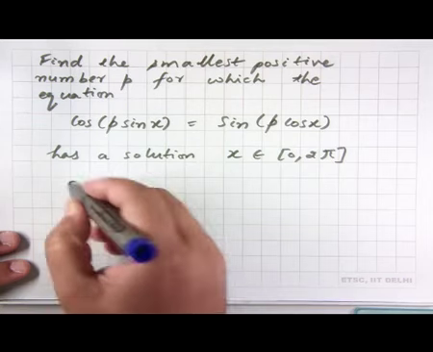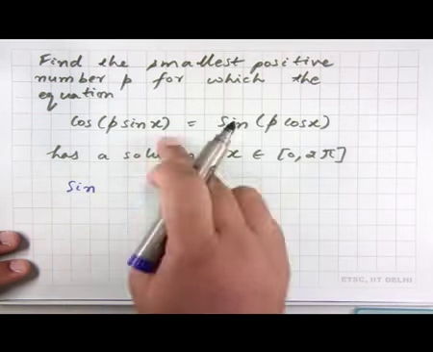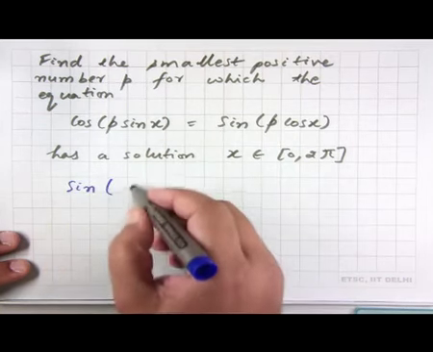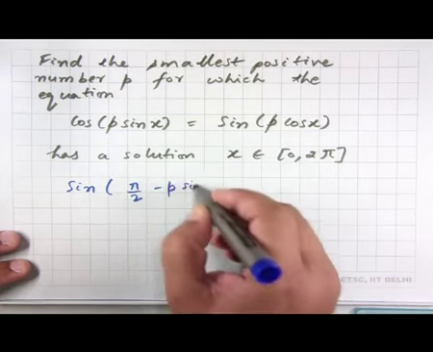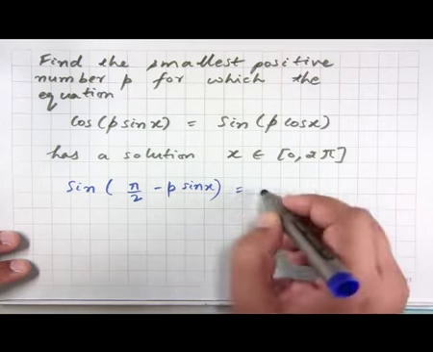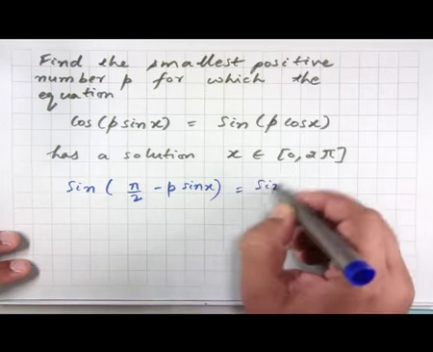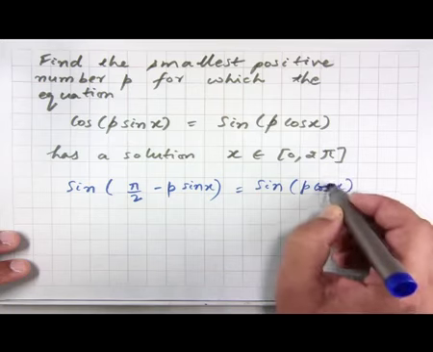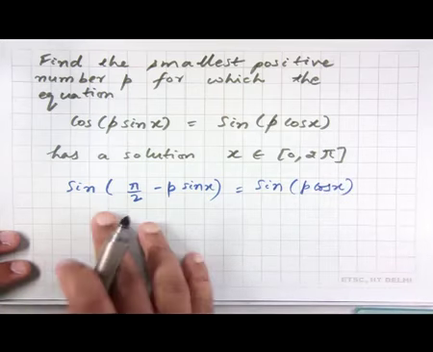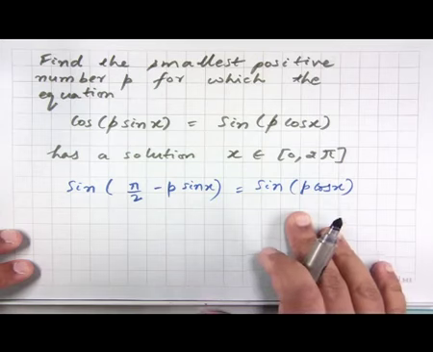So, we write this left hand side as sin of pi by 2 minus p sin x equals sin of p cos x, and this is again of the form sin x equal to sin y.